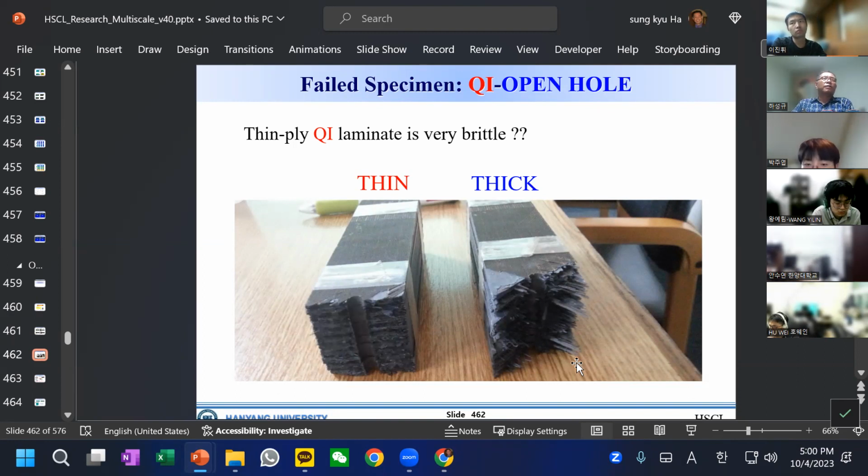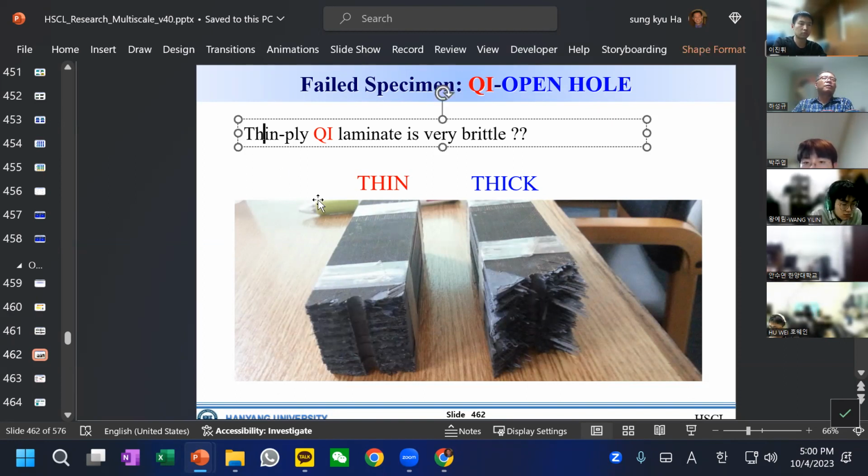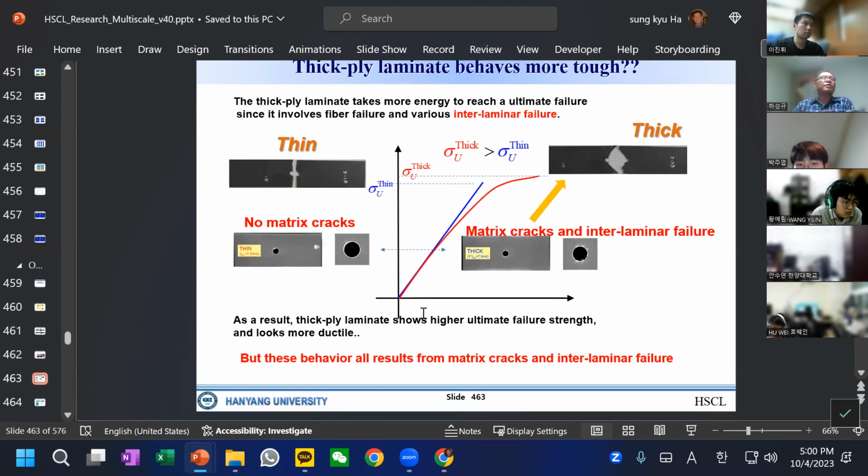There's a clear observation, so there's some physical reason there. The thin, we call brittle, very brittle behavior, and the thick has a very complicated behavior. So there is a reason for that.